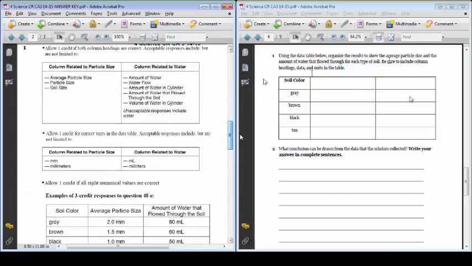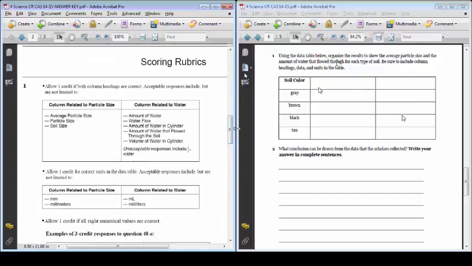For number 1, scholars should organize the results, label the headings, and include the units in the data. So the first thing we'll want to do is have one of the columns be labeled particle size and another be labeled the amount of water. It doesn't matter what order they go in, but they should be labeled.